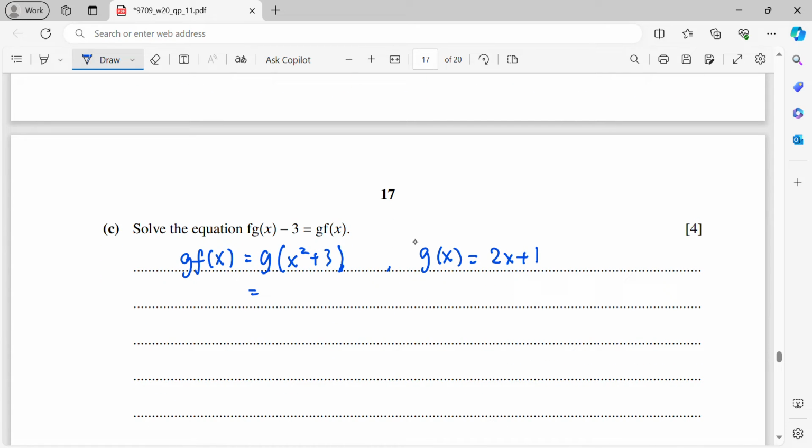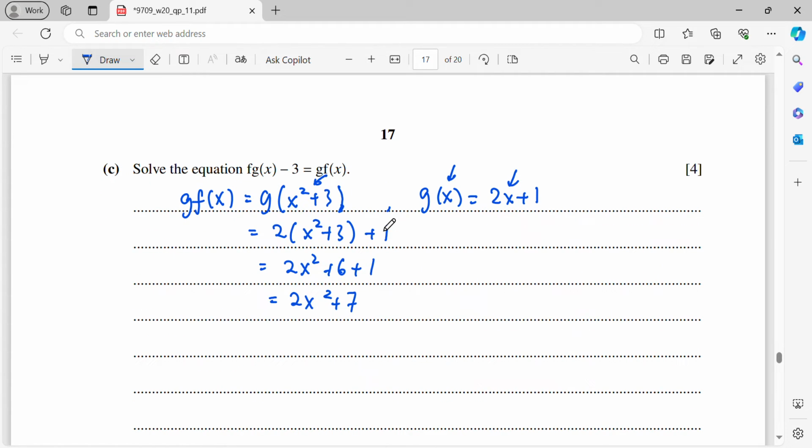So now here, I change my x into x squared plus 3. So I will get 2 bracket x squared plus 3, plus 1. Therefore, you are getting 2x squared plus 6 plus 1, which is 2x squared plus 7. So now I will substitute into the equation.